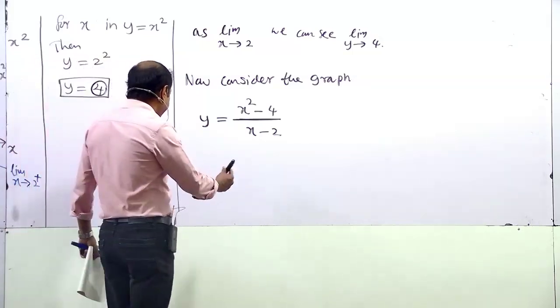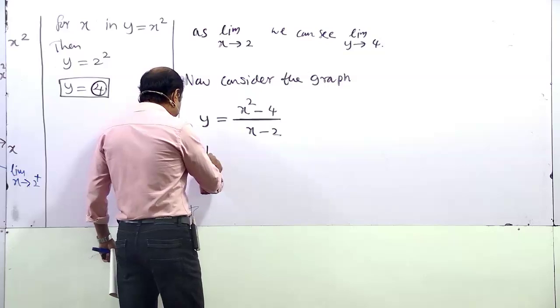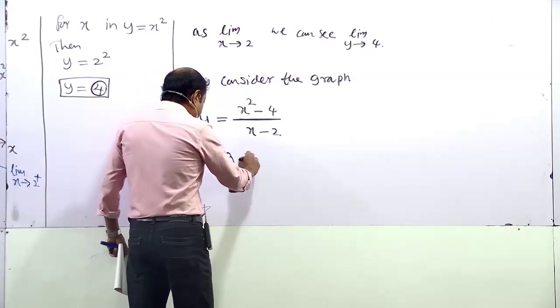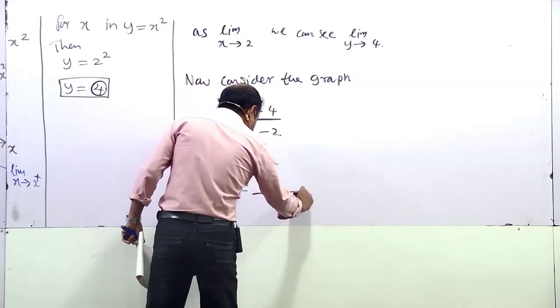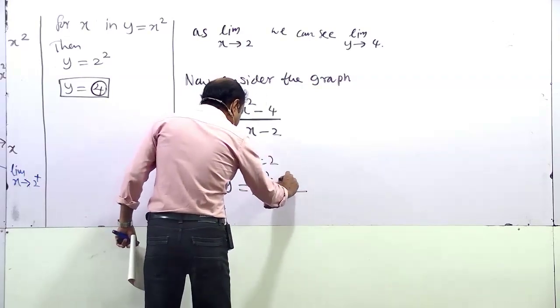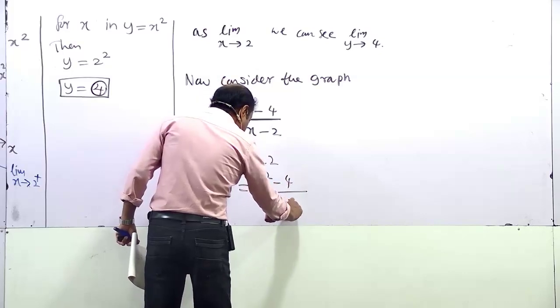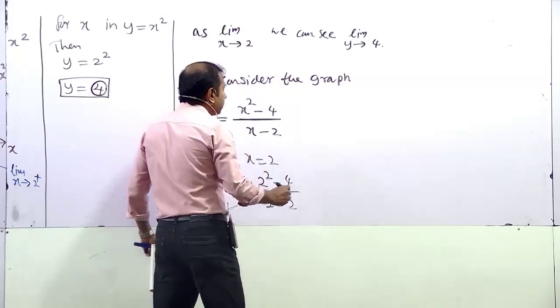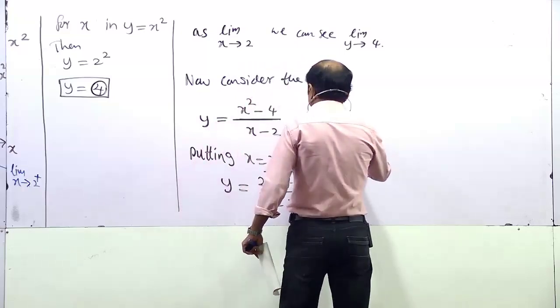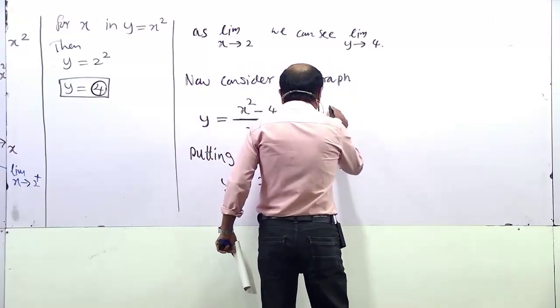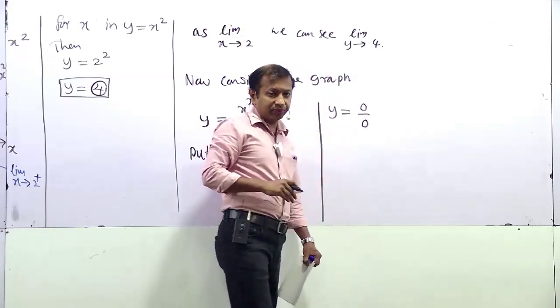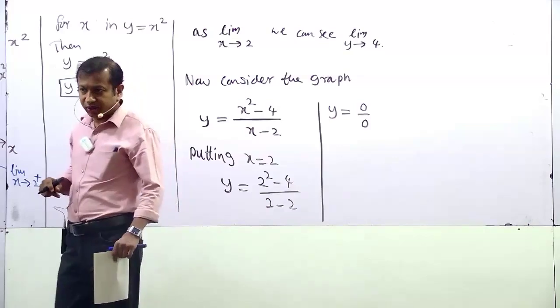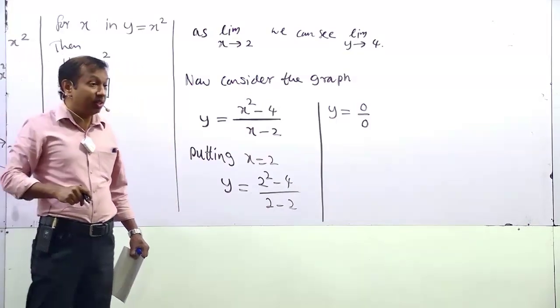Substitute x equals 2. y equals 2 squared minus 4 divided by 2 minus 2. Numerator 0, denominator 0. 0 divided by 0 is undefined, an indeterminate form.